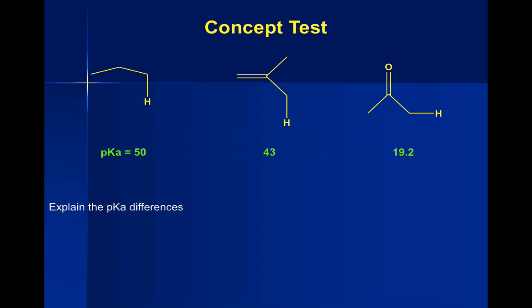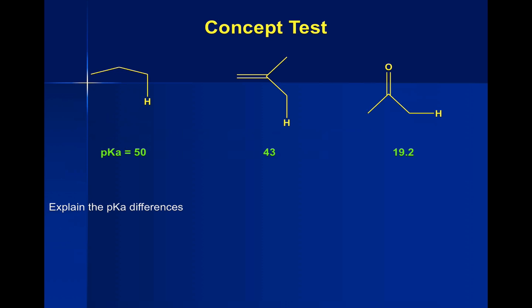You bet I can. Can I draw any other resonance structures? No, so I have the same number of resonance structures here. Why do I see the huge difference in pKa? Which effect is that? That's right.